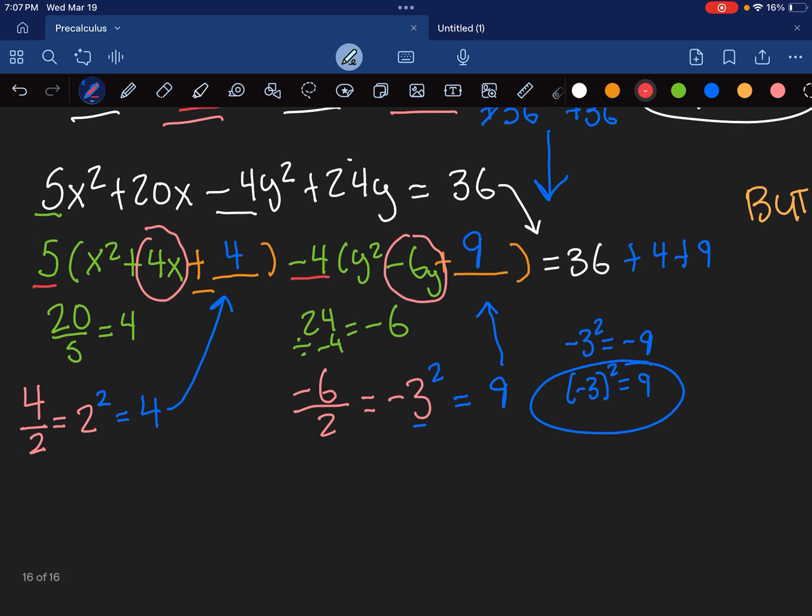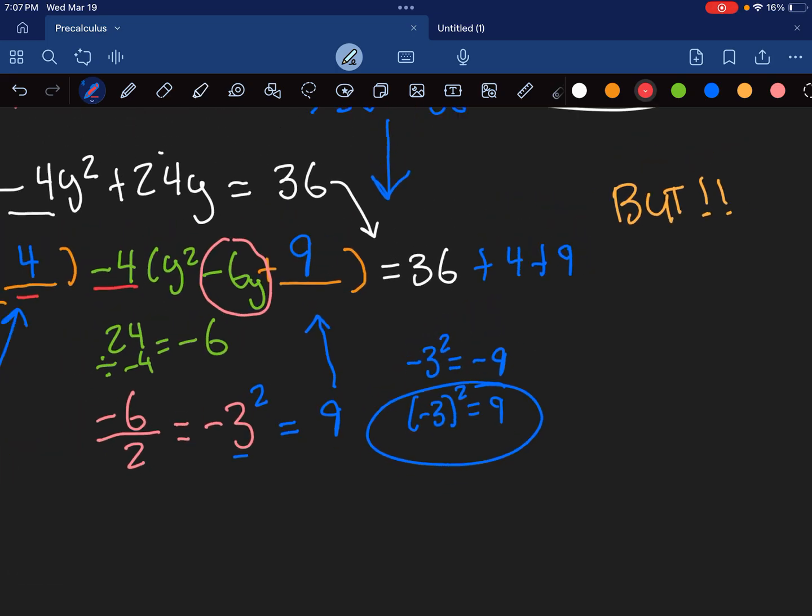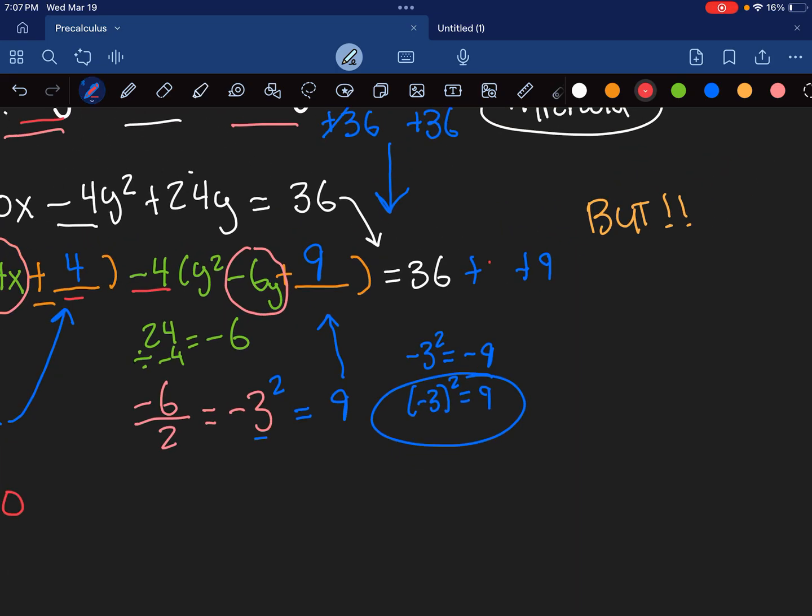So what we want to do is multiply that term by the outcome of what we got when we squared it. So 5 is right there, and then we take our 4 right here. 5 times 4 equates to 20. So instead of +4, it's going to be +20.